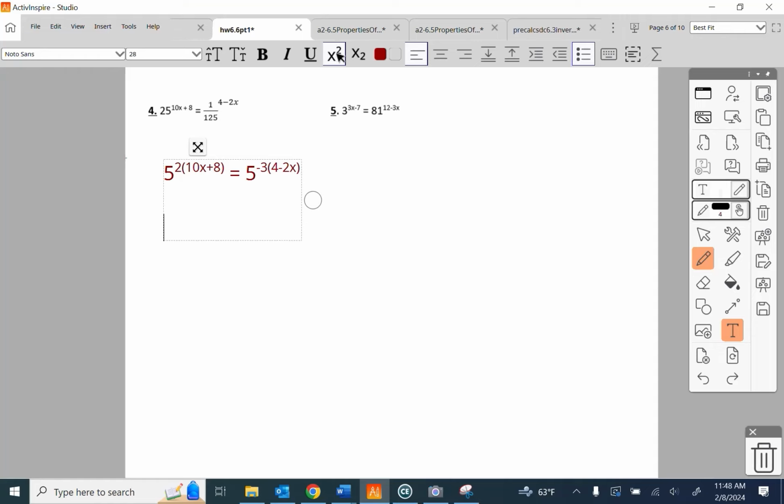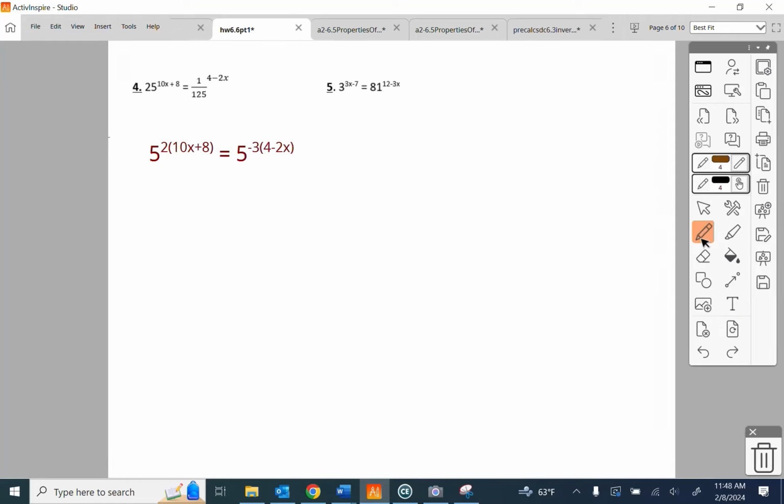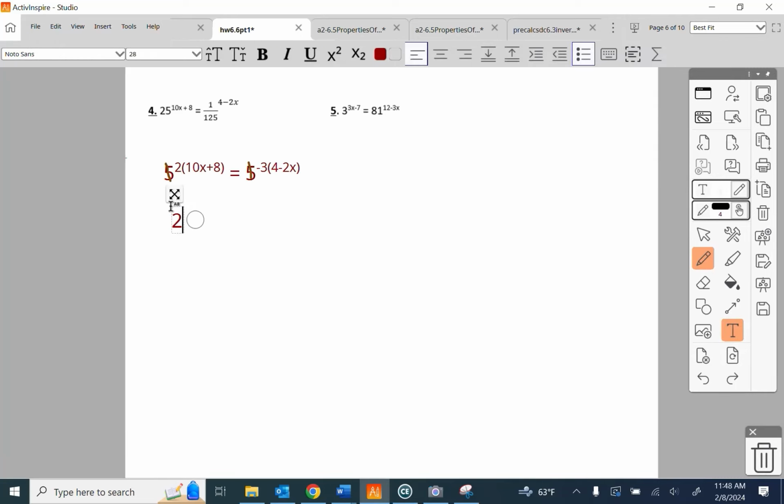Now I establish my theorem. My theorem says once you get the bases the same, you throw them out the window. Hit it with the double, sorry, I'm jumping ahead for some of y'all. Throw them out the window. Hit it with the distributed property, 2 times 10x, 20x, 2 times 8, 16. And I said double, singular distributed property. On the right-hand side, we have a negative 12 plus a 6x because negative 3 times negative 2 is positive 6.